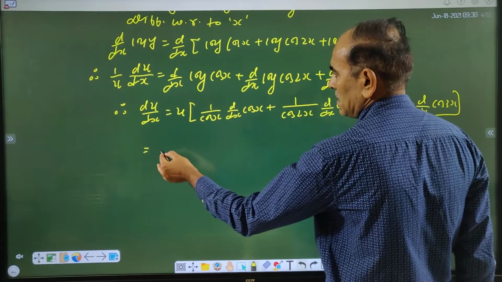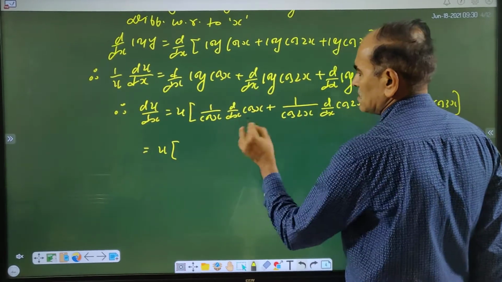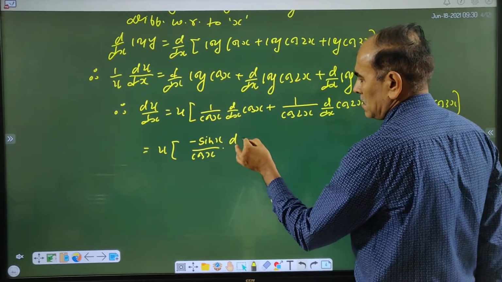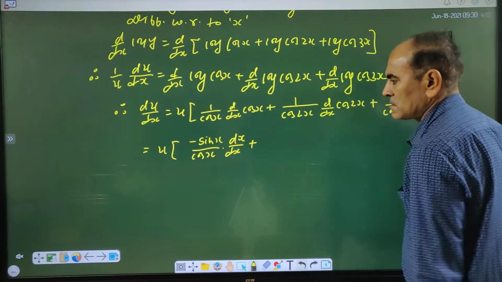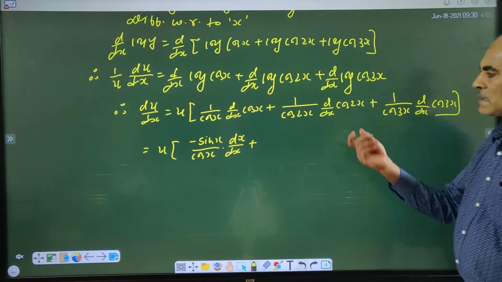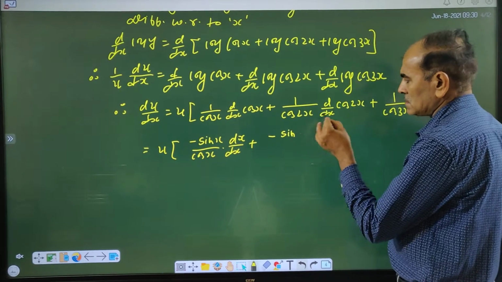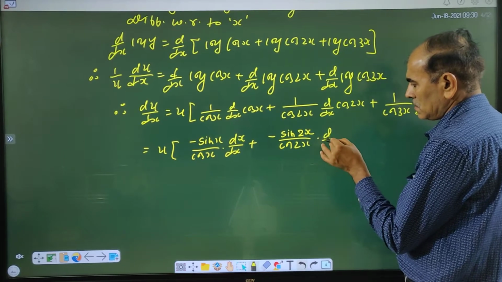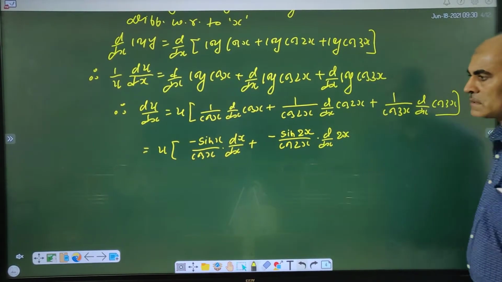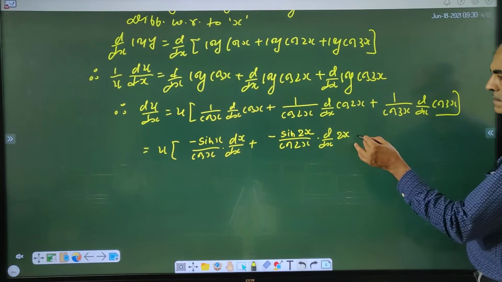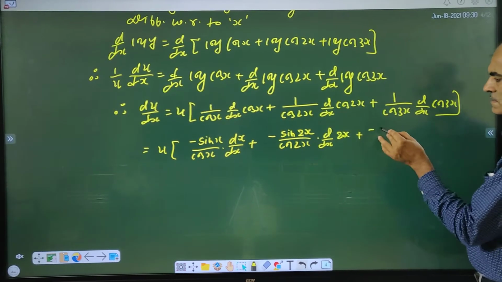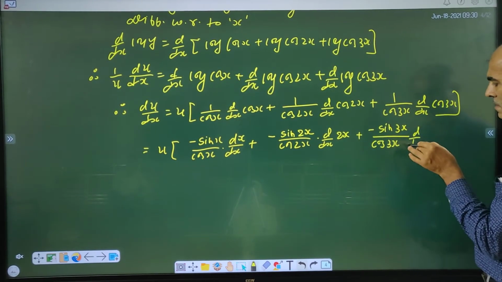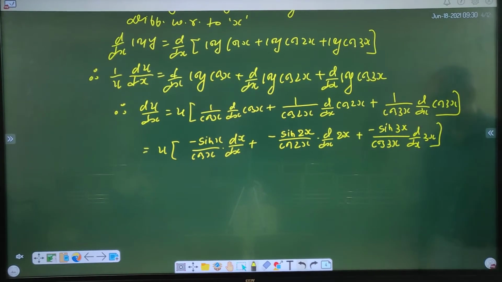So that is equal to, replace u as it is, cos of function, minus sin some function into d by dx of some function. Same here: minus sin some function over cos some function into d by dx of some function. Same way, for the third, cos some function, minus sin some function over cos some function, d by dx of some function.